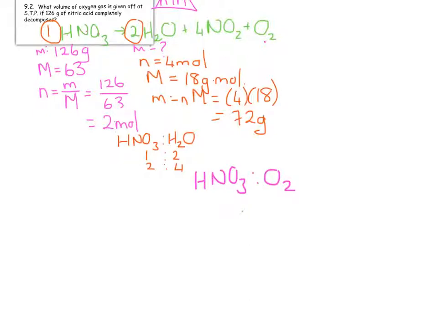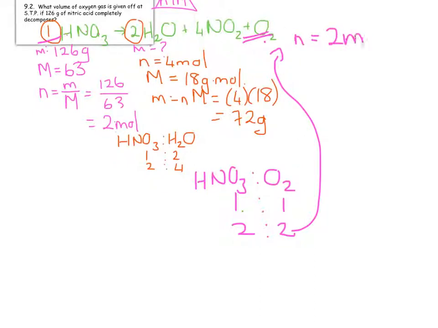There's an invisible 1 over there. There's also an invisible 1 over there. So it's actually quite easy. It's a 1-to-1 ratio. I don't have 1 mole. I've got 2 moles of nitric acid in 126 grams. So it's 2:2. And that means that I have 2 moles of oxygen gas.